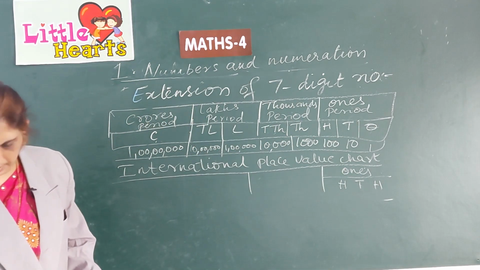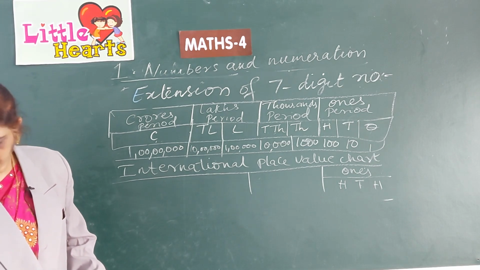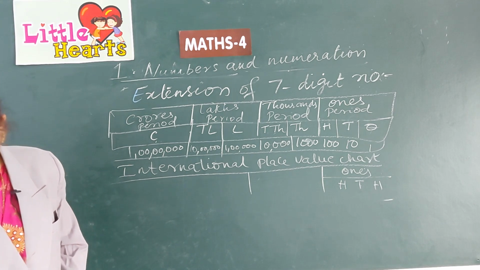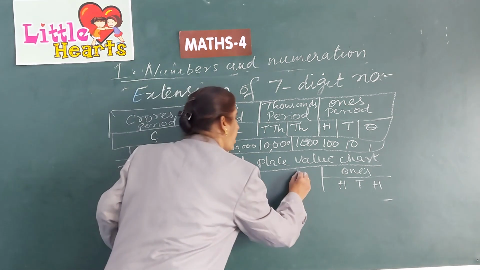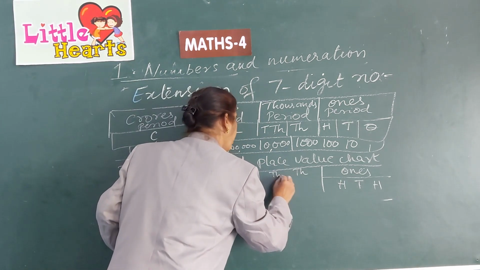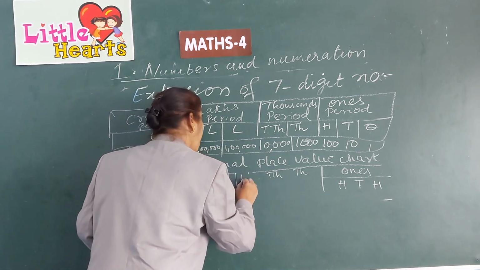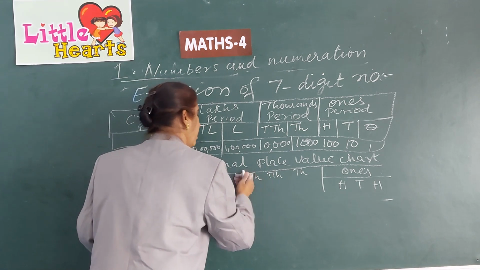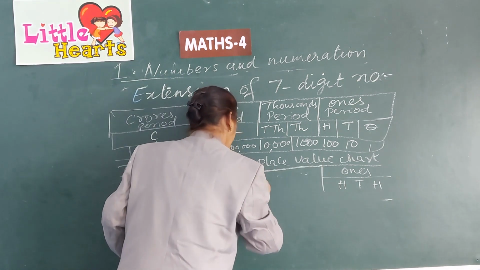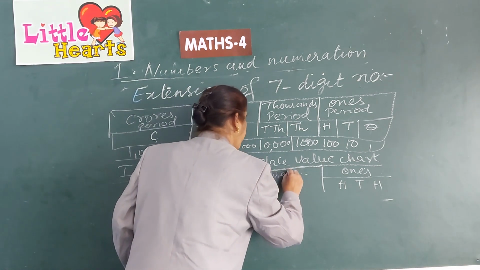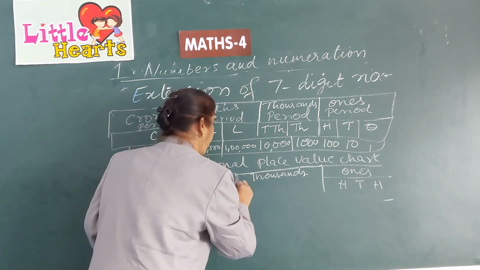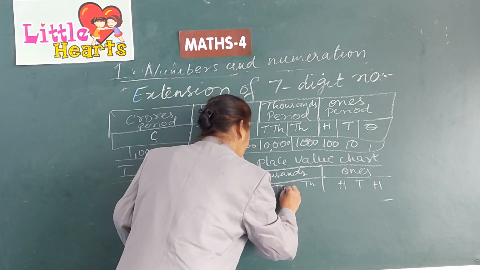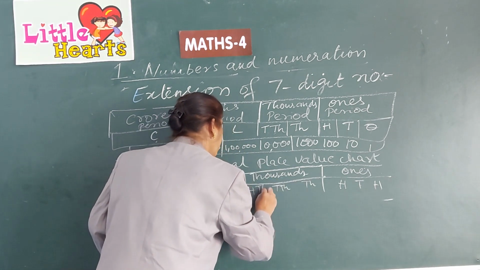Next, thousands. Thousands, 10,000s, 100,000s.